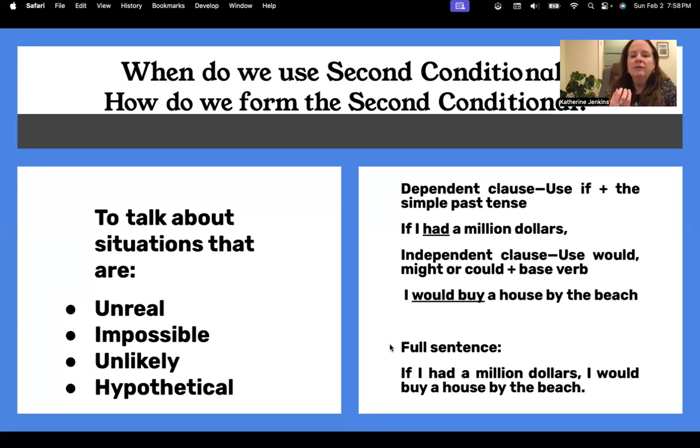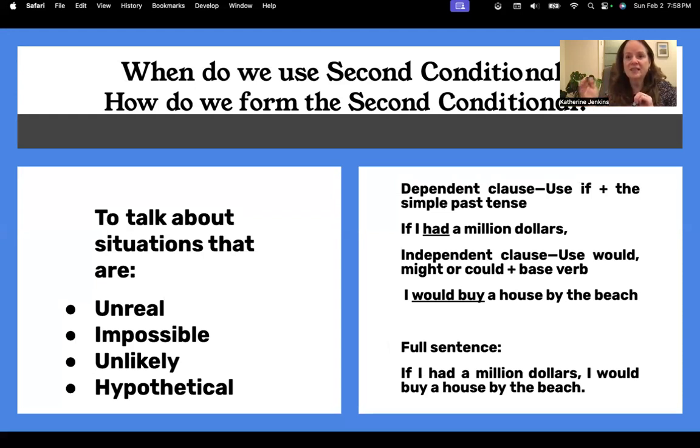So when we form the second conditional, we have two clauses, and we've studied about these. The dependent clause, which is a clause that has a time word often, like if, when, while, after, before. It also has a subject and a verb, okay, but it's not a sentence by itself.